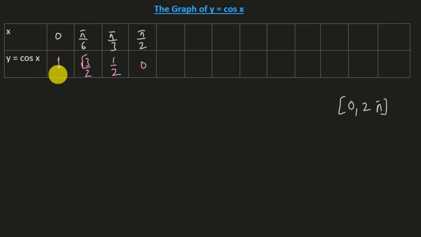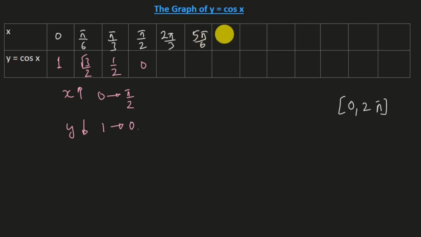What you can observe from here is that as x increases from 0 to pi by 2, y decreases from 1 to 0, right? Now let's move forward. Now we can take the angle to be 2 pi by 3, right? Then 5 pi by 6, then pi.